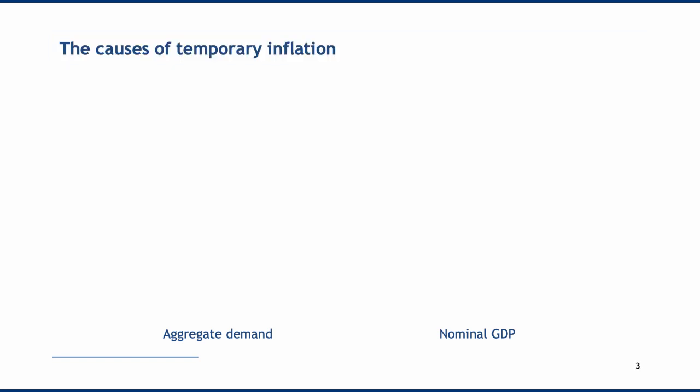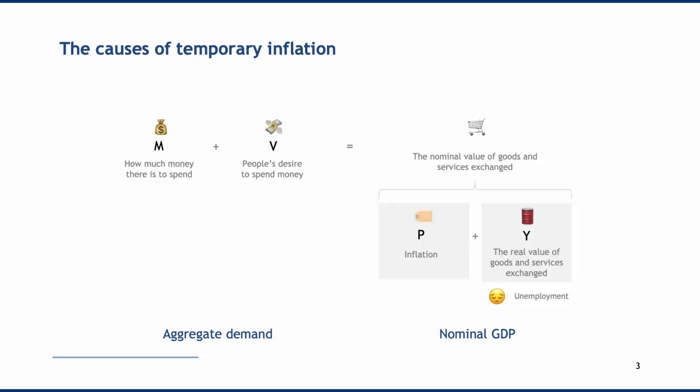Okay, let's see what we can do with this model a little bit. In terms of the causes of temporary inflation, so this is just bringing back the emoji equation. There can be several causes of temporary inflation. If people want to spend more money for whatever reason, if there's an increase in spending, or if there's a fall in the real value of goods and services exchanged.